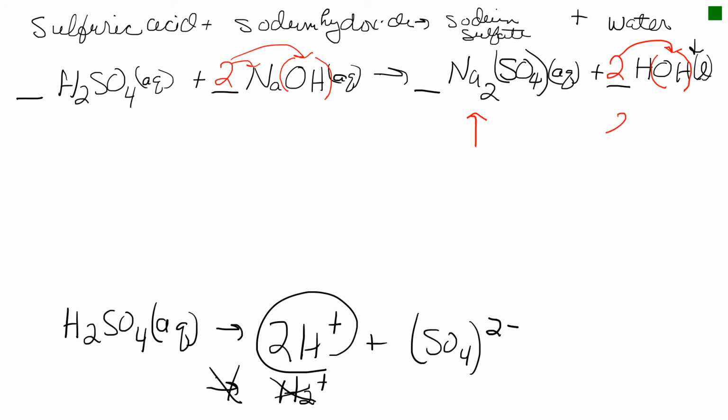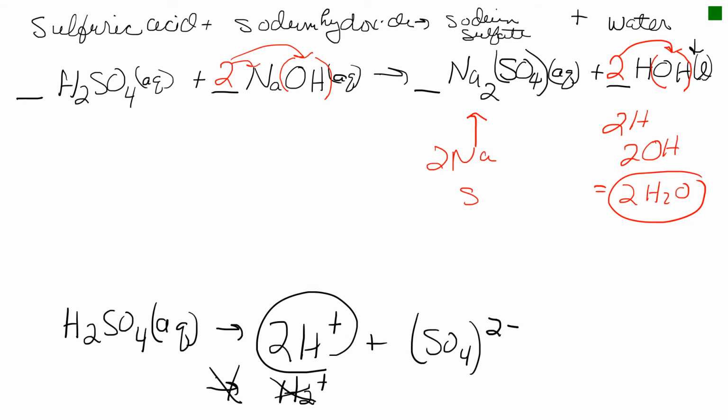So I now have 2 H's and 2 OHs for my 2 H2Os, or HOHs. Okay? I have 2 NAs and 1 SO4 on the product side. On the reactant side, I have 2 NAs, 2 OHs. Okay, that sounds good.